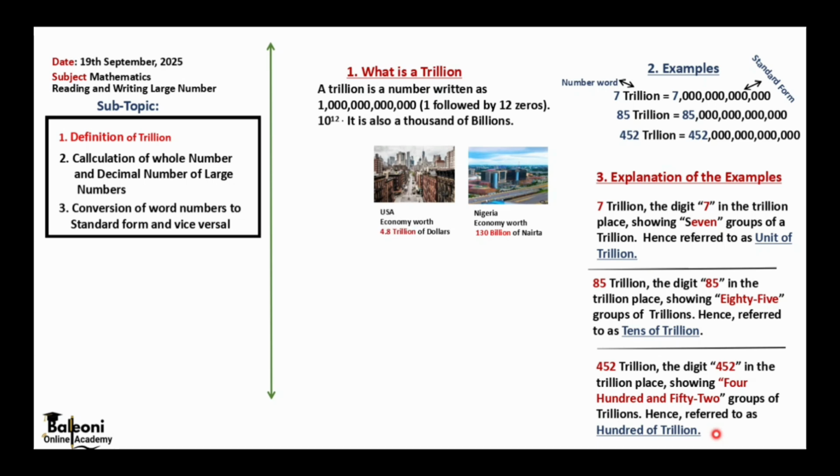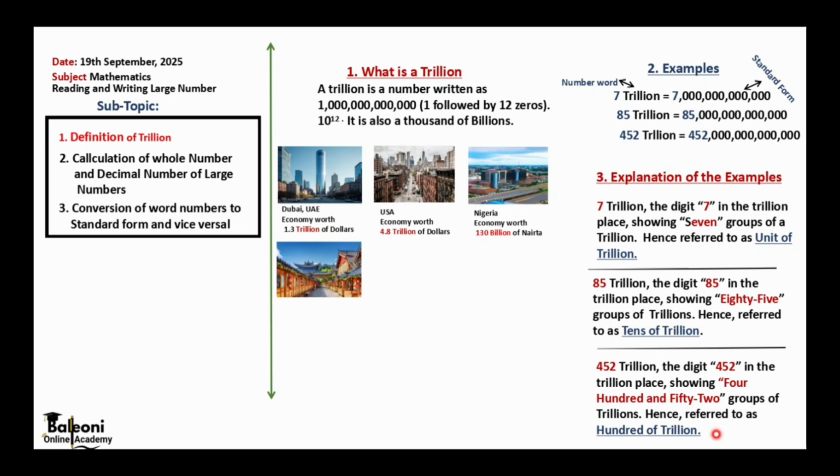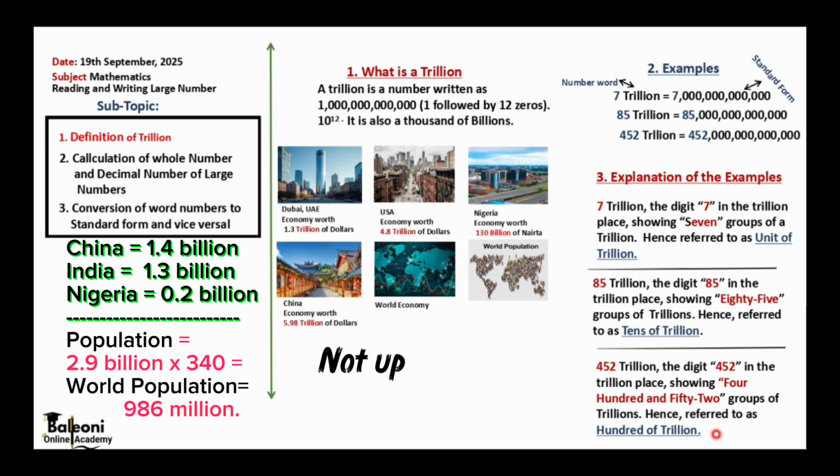But let us make it 200 million people for the purpose of this lesson. If we add them together, 1.4 billion for China, 1.3 billion for India, and 0.2 billion for Nigeria, the total population we are going to get is 2.9 billion people.